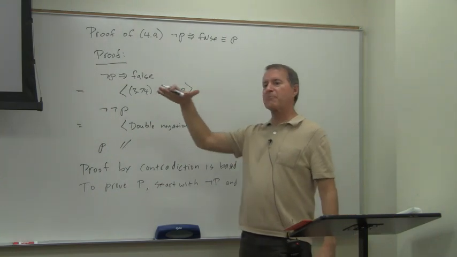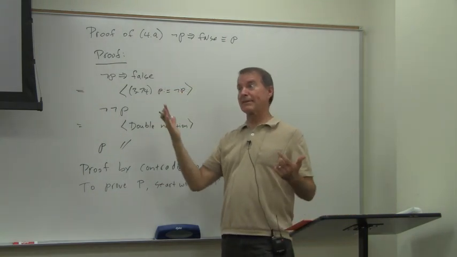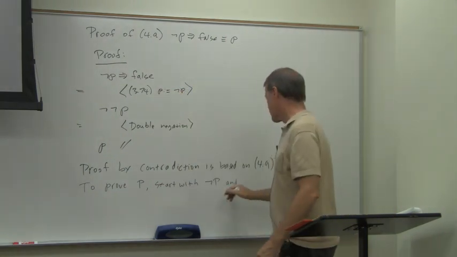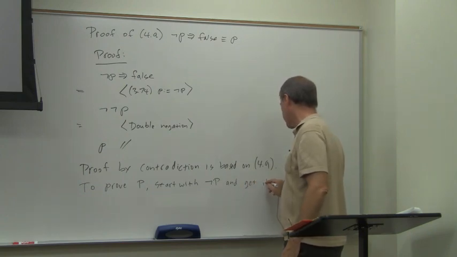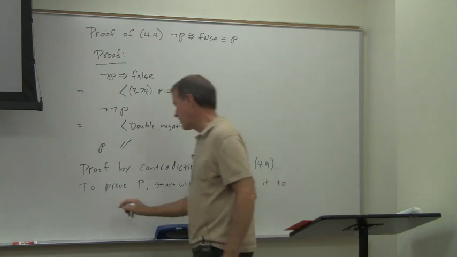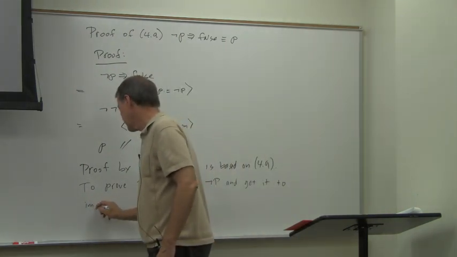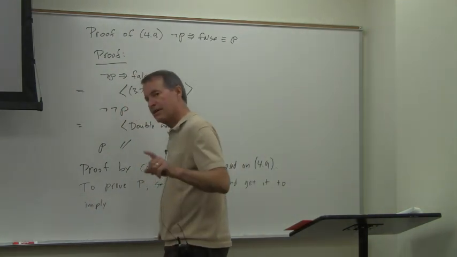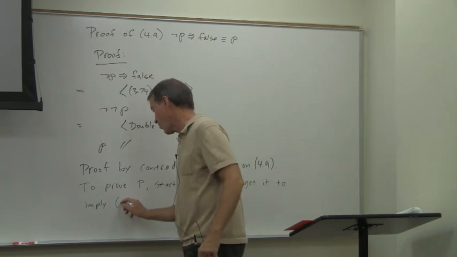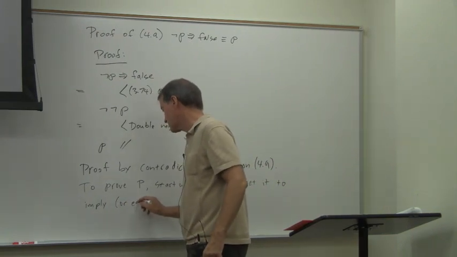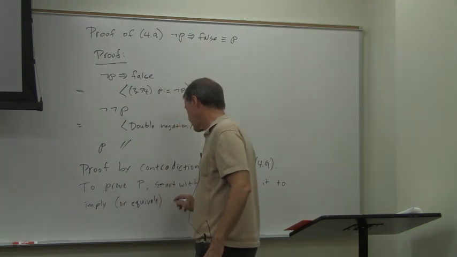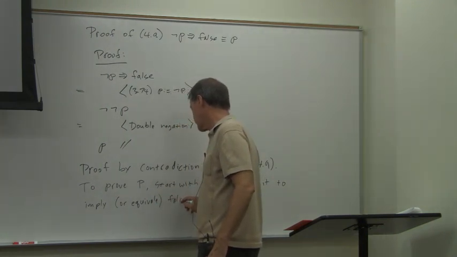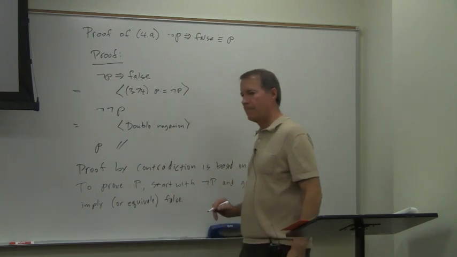Yes, but you have to say proof by contradiction, otherwise I'm thinking, where did the not come from? Okay, so start with not P and get it to imply, but now check this out, you guys, parentheses, or equivalent, false. So it doesn't have to imply.